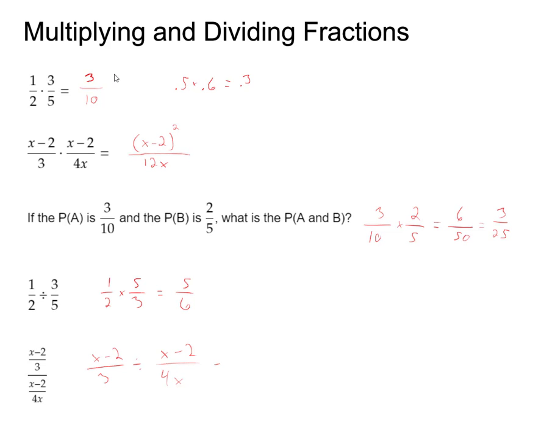That, of course, is equal to (x - 2)/3 times 4x/(x - 2). So now what we get when we multiply across, our (x - 2)'s are going to cancel out, and we'll simply be left with 4x over 3 as our final answer.